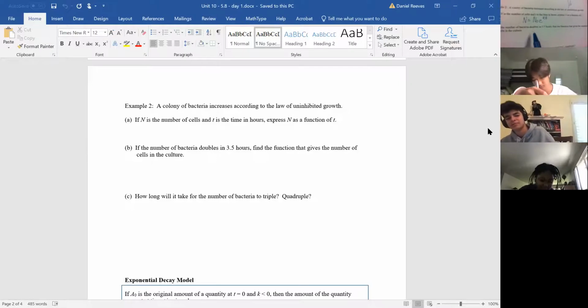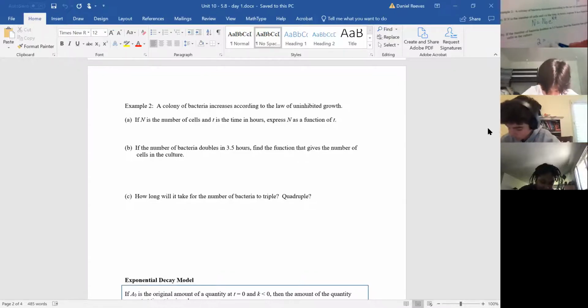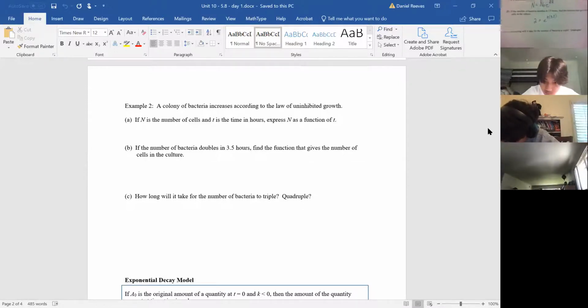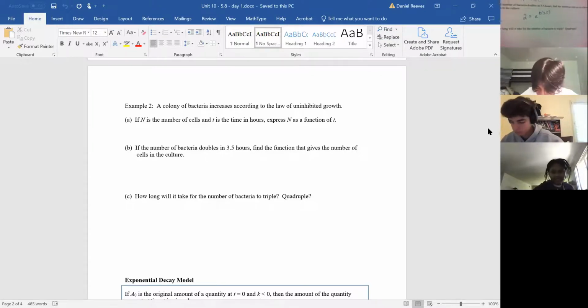Okay, if the number of bacteria doubles in 3.5 hours, so I'm going to say that 2 equals e to the k times 3.5. Where did n naught go? I divided it out, sure. Technically on the left, I should have 2 n naught, and on the right, I should have 1 n naught.